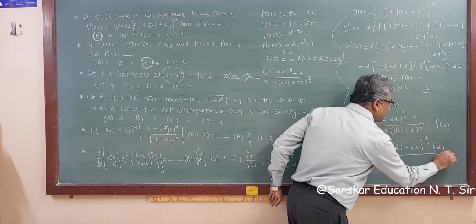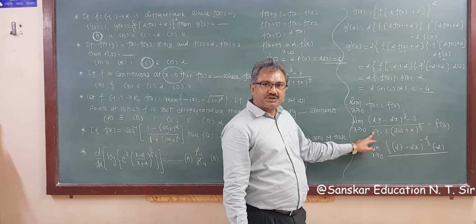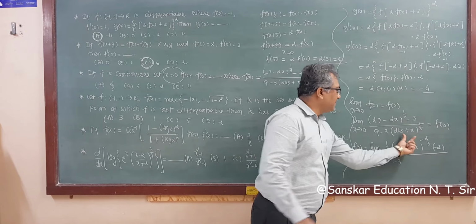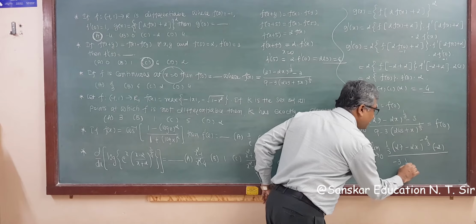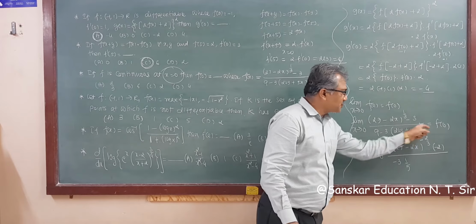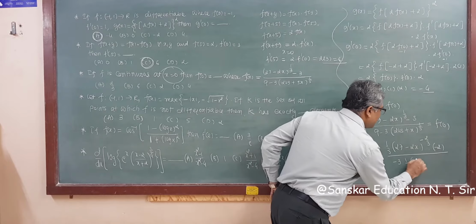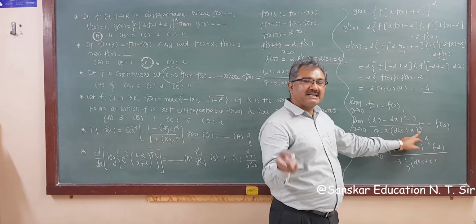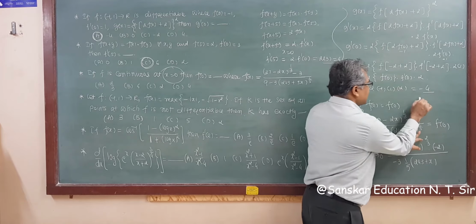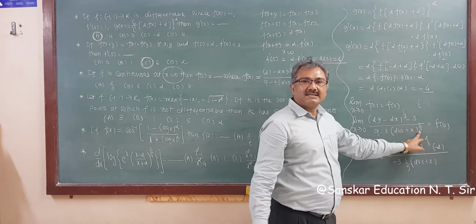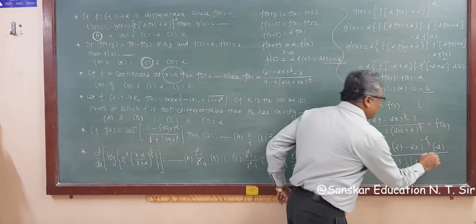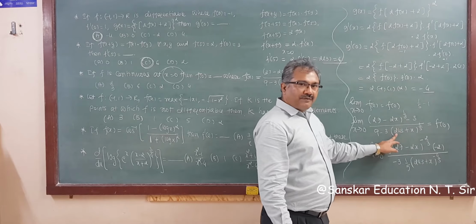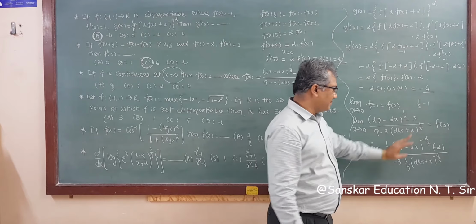Now the derivative of the denominator: 9 is constant, answer 0, minus 3 as it is, and the derivative of this is similar to the numerator. 1 upon 5, bracket raised to n, so n times bracket raised to, that is 243 plus x raised to 1 upon 5 minus 1, that is minus 4 by 5, into the derivative of the bracket, where the derivative of x is 1, so no need to write.